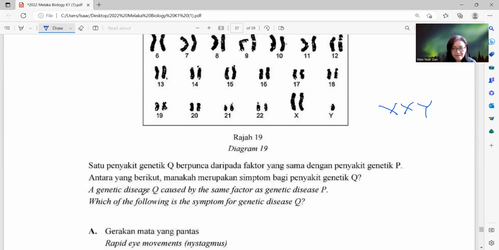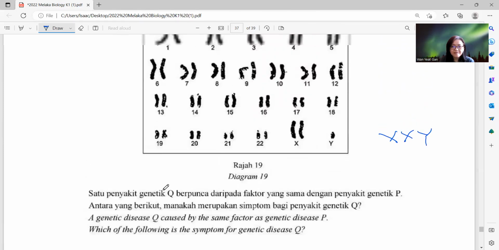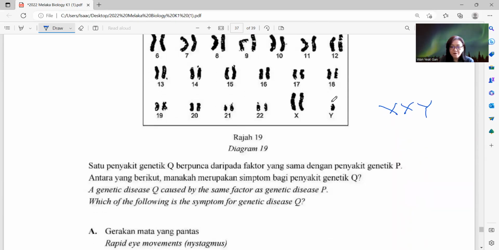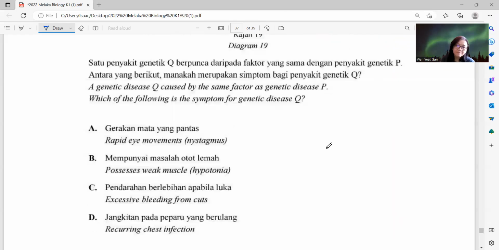And another genetic disease is Q, which is caused by the same factor of disease P. Okay, so the which of the following is a symptom for genetic disease Q?